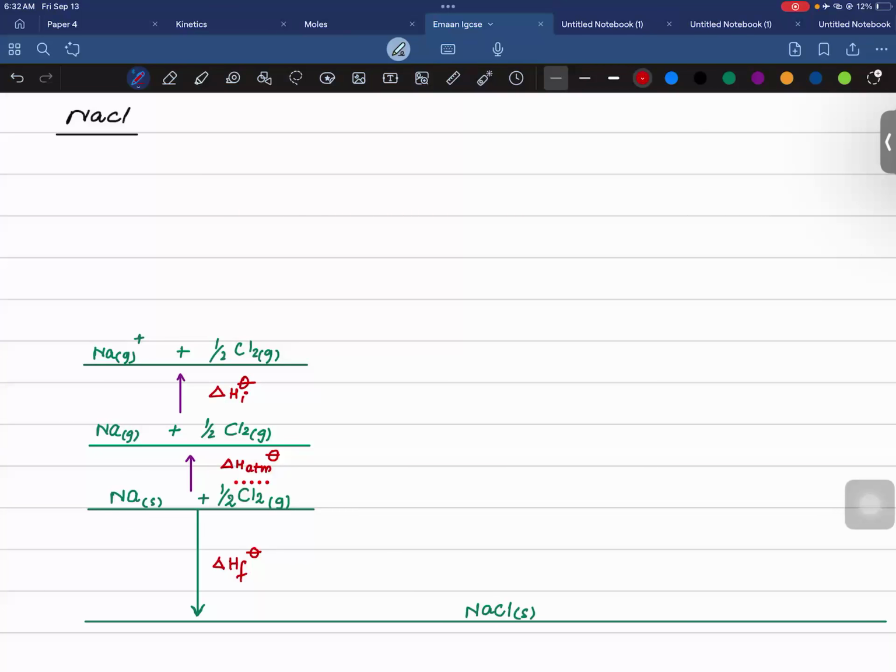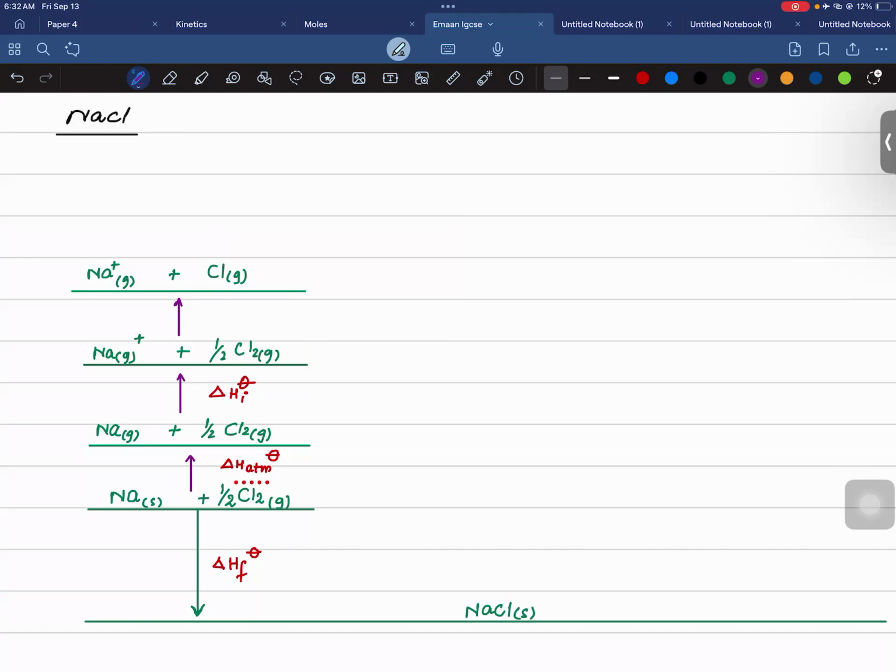Then I need to convert this chlorine into this. Can you tell me the name of the process?